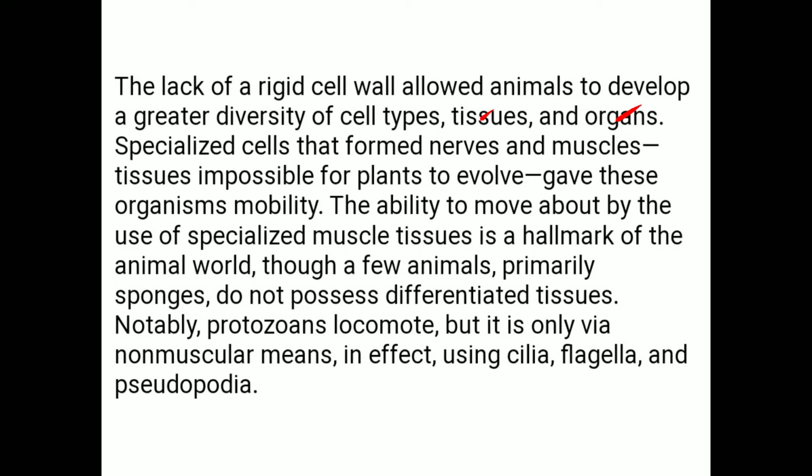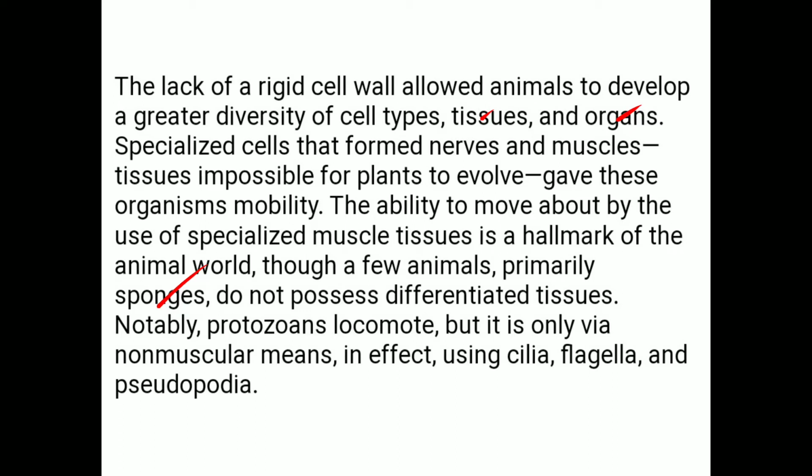This gives these organisms mobility. The ability to move about by the use of specialized muscle tissue is a hallmark of the animal world, though a few animals, primarily sponges, do not possess differentiated tissues.